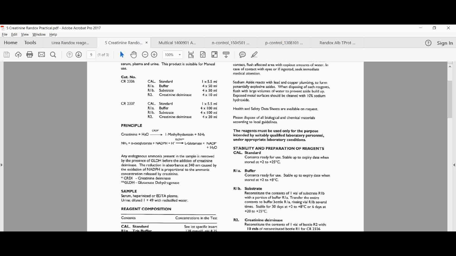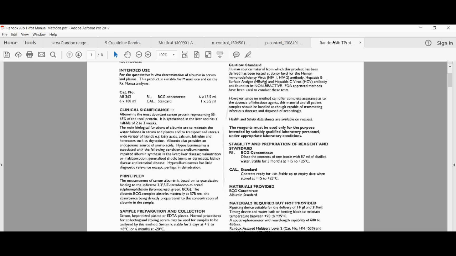Transfer the entire contents to buffer R1A, rinsing vial R1B. So basically they're saying that you must mix R1A and R1B, and then that will be your active reagent. So R1A and R1B must be mixed, and then that reagent is stable for 30 days.